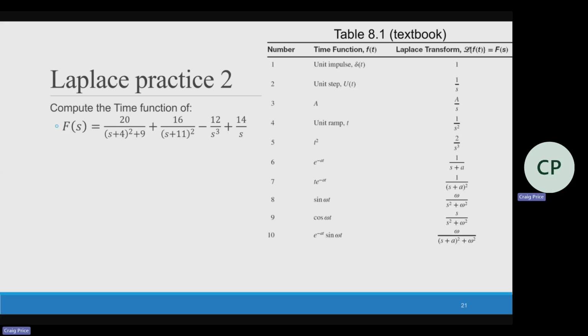These are like different partial fractions, essentially. Once we have it all set up and we have our numbers, we can bring it back to the time domain because it matches the table pretty well. And now that you've got the code up in MATLAB, you can also check yourself after you're done. So I'll give you a couple minutes to work on this.